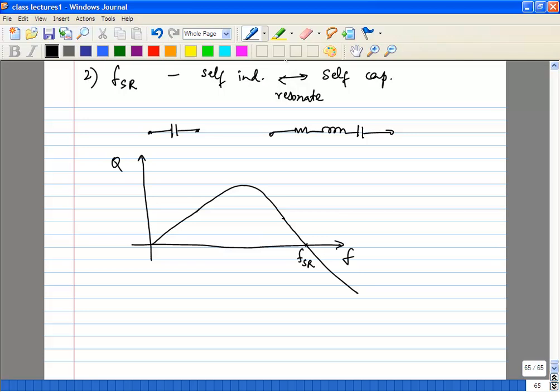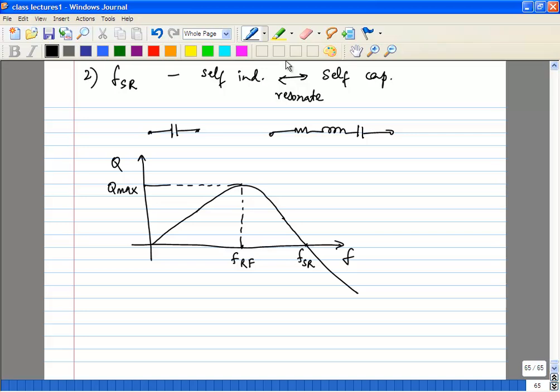And we saw last time that you want to operate somewhere close to the peak, because you're interested in maximum Q, because that gets as close to the ideal situation as possible. Okay, so let me call this FRF, which is your desired RF frequency.